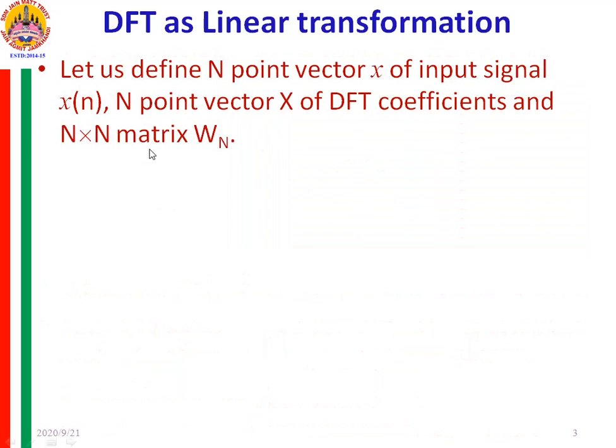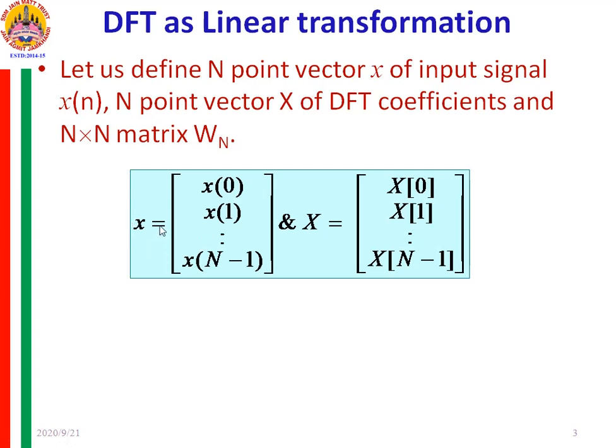So to view this as a linear solution, evaluating these linear equations by means of a matrix approach, we define the N-point vector x of the input signal x of n, the N-point vector capital X of DFT coefficients, and an N cross N matrix of W_N.